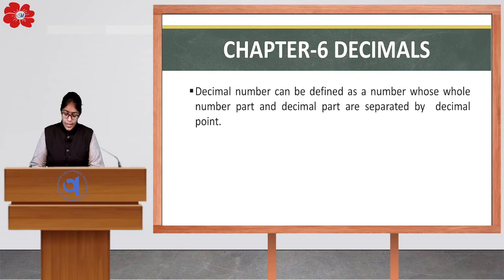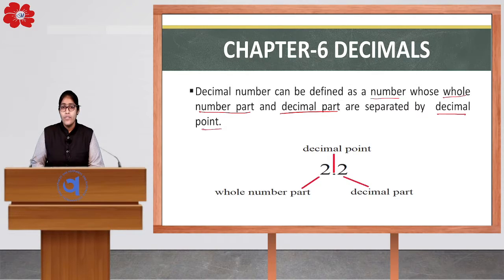A decimal number can be defined as a number whose whole number part and decimal part are separated by a decimal point. Let us understand this using the above example. The first number was 2.2.